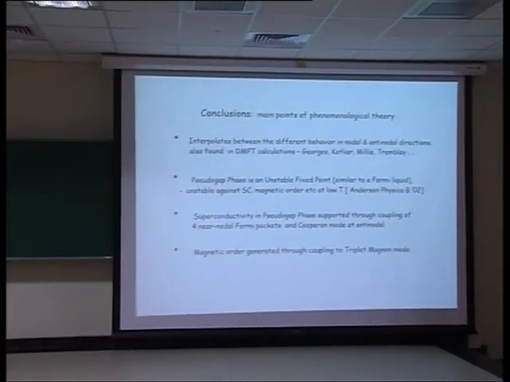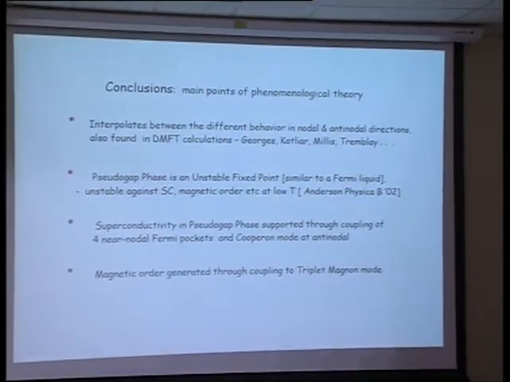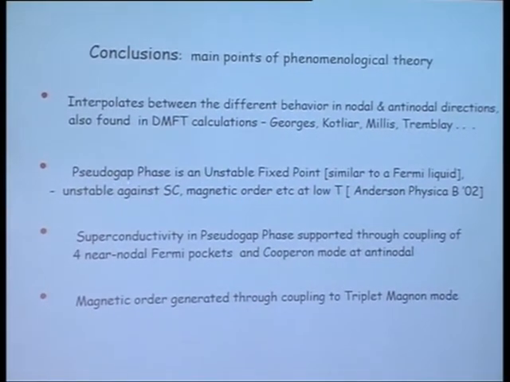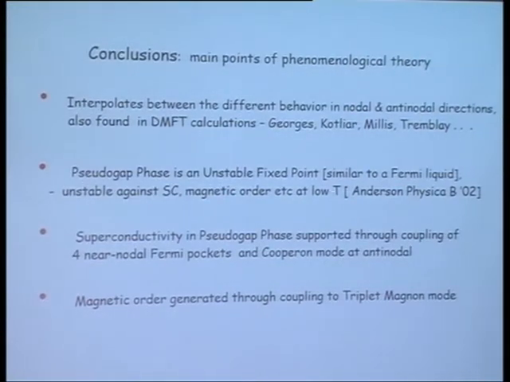So this ansatz gives us different behaviors. Of course, a nodal and antinodal interpolates between them. This different behavior, of course, is consistent with lots of DMFT results by these authors here. The pseudogap: how should we look upon the pseudogap?